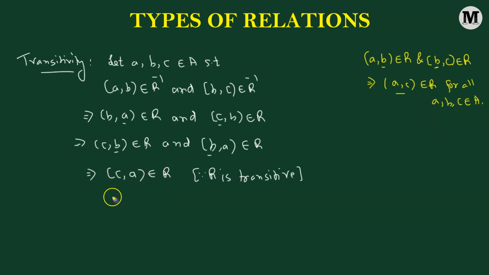Now if (C, A) belongs to R, this should mean that (A, C) must belong to the inverse relation of R. That's by definition.